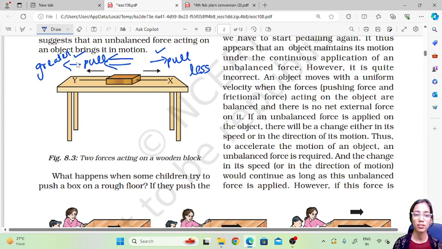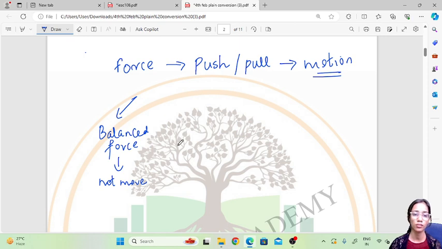Or in the second instance, if the pull this side is greater, then the object will be moving this side. So if it is greater this side and lesser this side, it means the forces are not balanced in this case. In this case the concept of unbalanced forces comes in. The concept of unbalanced forces gets the objects in motion.